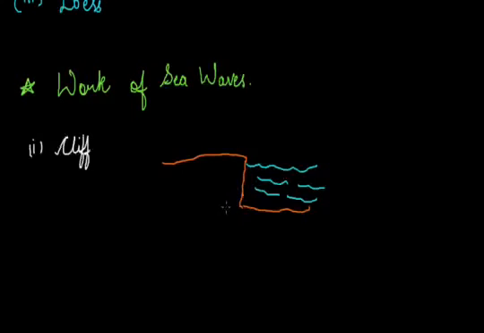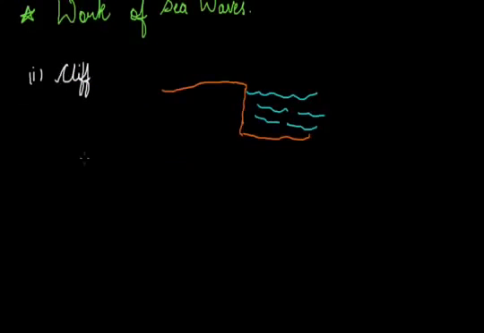Sometimes there is a possibility that there are layers of soft rock and hard rock again here. The sea waves, which as I told you are already very strong, tend to do a lot of erosional work in these areas.